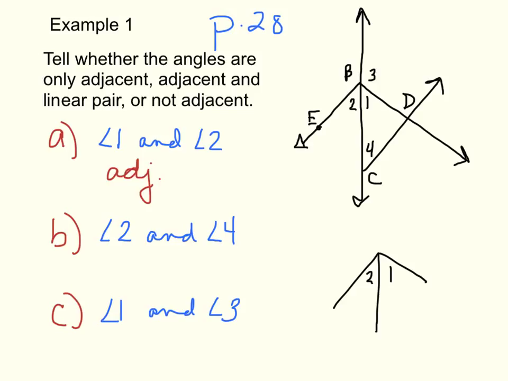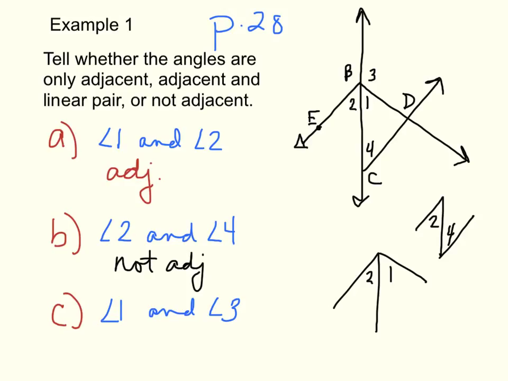So angle 2 right here and angle 4 right here. Angle 2 looks like it's going to be right here and angle 4 right there. Well, they share a common side, but they do not share a vertex. Therefore, they are not adjacent. And if they're not adjacent, they can't be a linear pair.